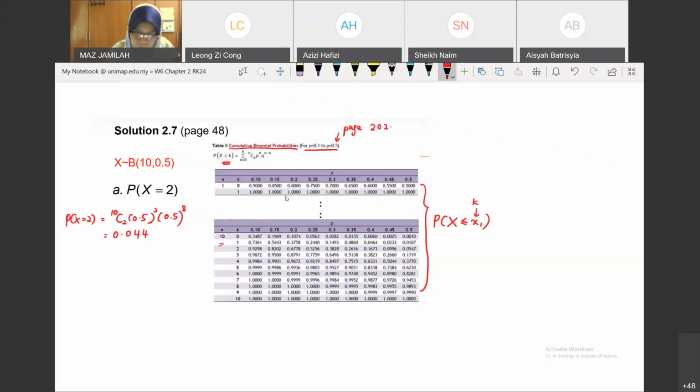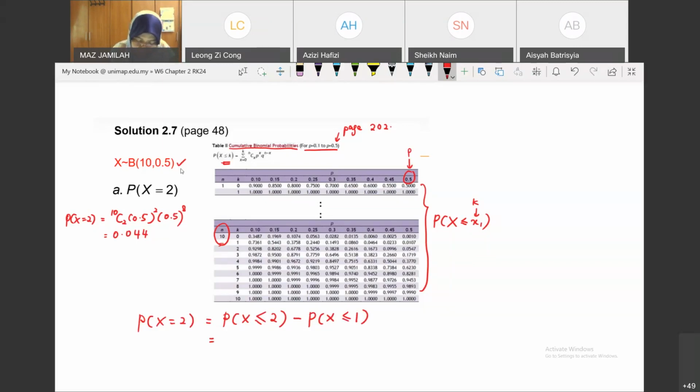Remember, when you refer to your binomial table, look at the number of trials you are looking for and the probability of success you are looking for. This is your P, which reflects your experiment, 0.5. Now, using the table, P(X = 2) is P(X less than or equal to 2) minus P(X less than or equal to 1). Where can I find X less than or equal to 2?